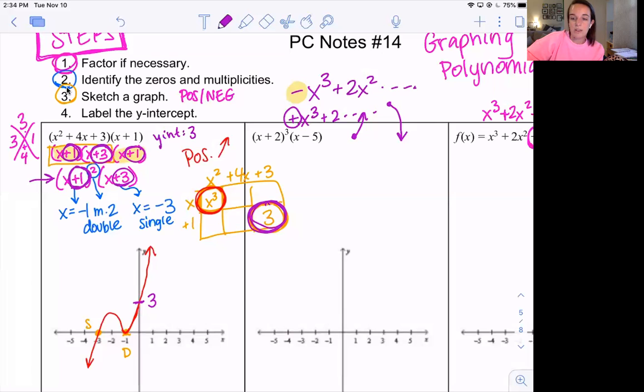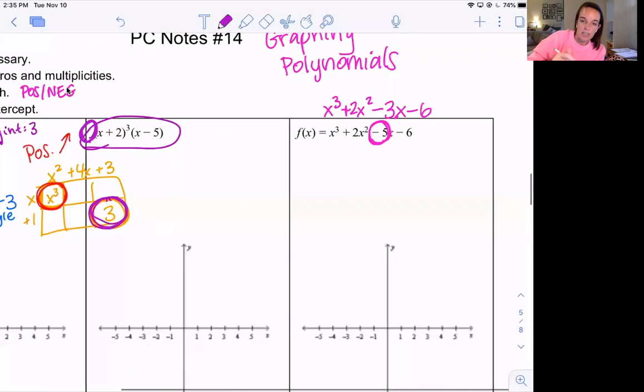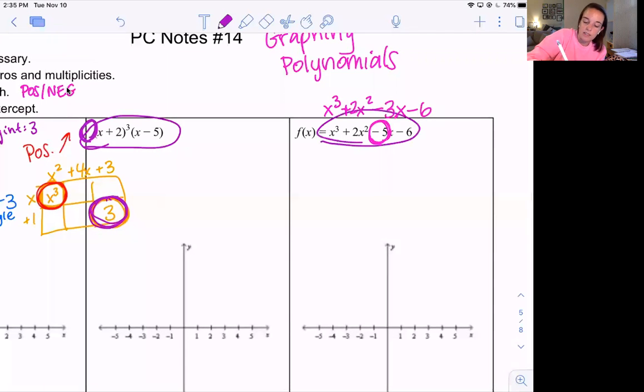Is there another way to identify that it's positive? Not particularly, no. If it looks like this, we know that it's positive because there's not a negative right here. If it looks like this, we know that it's positive because there's not a negative right here.